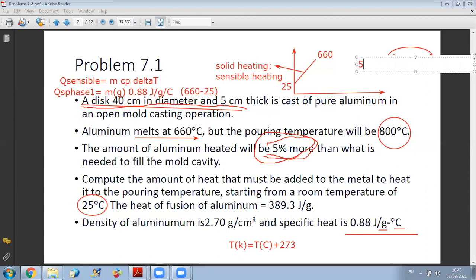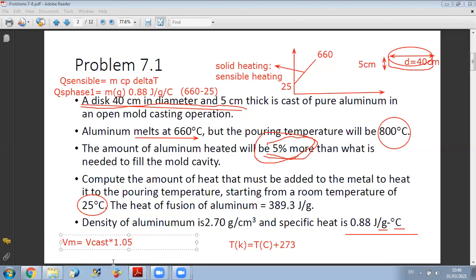So I can say that the volume of molten metal should be equal to V of the final casting times 1.05, because I should add 5%, okay?